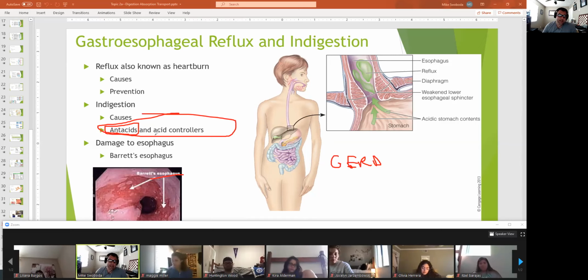If you're taking something that is an acid controller, like your Pepcid or your omeprazole, which is a big one, they're proton pump inhibitors, meaning that they are going to turn off your stomach's ability to produce stomach acid.